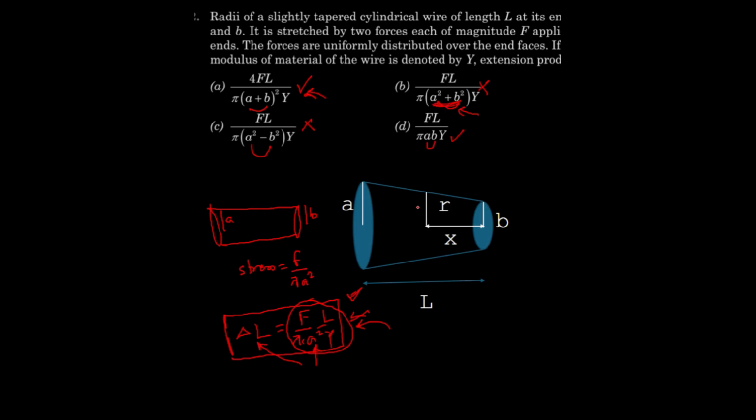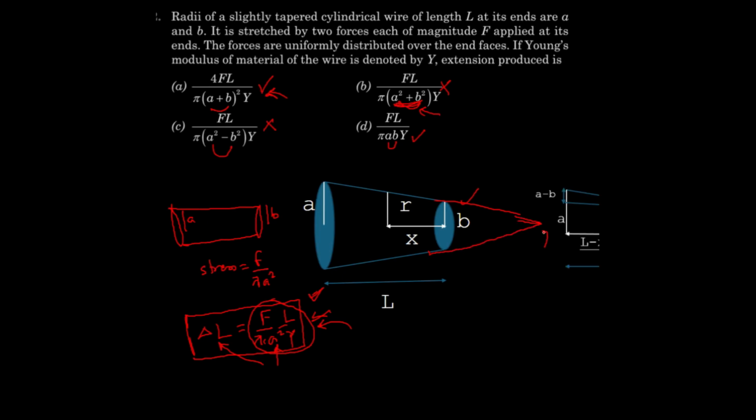Now, how do we decide which of these two, A and D, can be ruled out by some logic? See, suppose we have B equal to 0, that is, this tapers like this and the radius B is 0. In that case, stress here will be force upon area, and area is 0 or almost 0, so stress here will be infinite because area goes to 0.